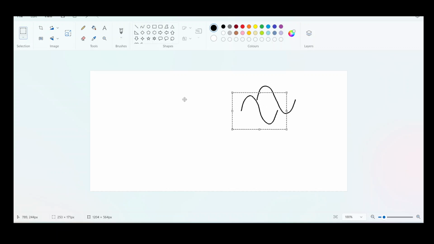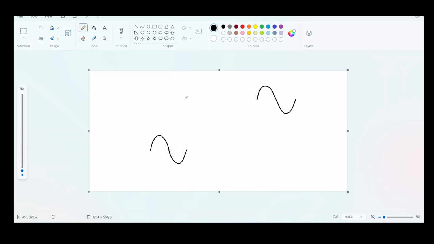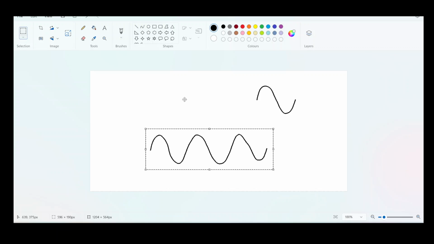Now if you have a wave like this, the path difference is basically the difference in the path.